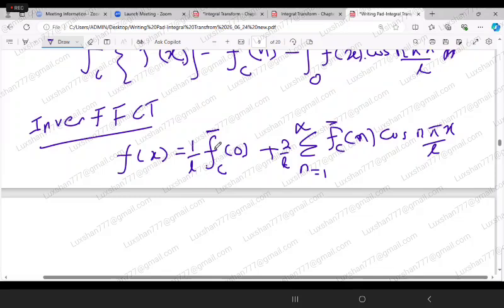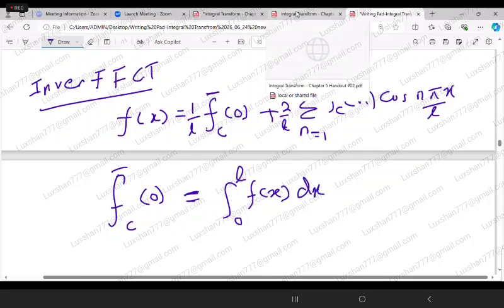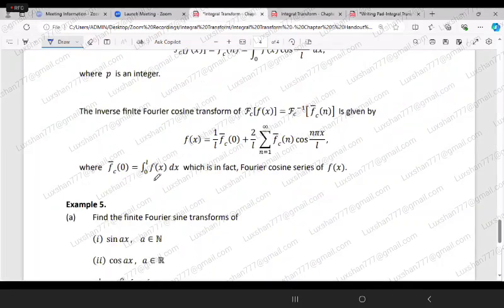So the inverse is 1 over L f bar c naught, where f bar c naught is equal to the integration from 0 to L of f(x) dx. This is how f bar c naught is defined. So these are the definitions.